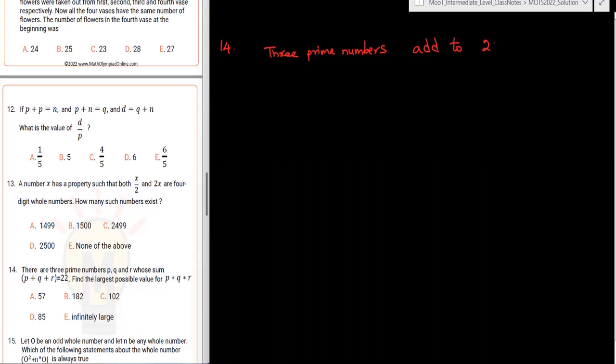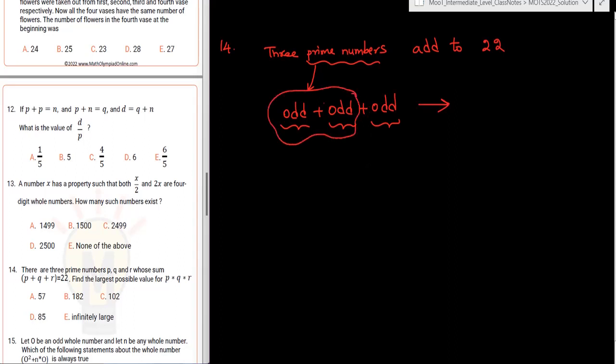Now you know the properties of prime numbers. They are mostly odd except 2, right? 2 is the only even prime number. Otherwise, if you leave 2 out, it is all odd numbers. Let's, for the time being, say these prime numbers are all odd. Okay, so that means odd plus odd plus odd. If you take 3 prime numbers which are odd and add them up, will the answer be even or odd?